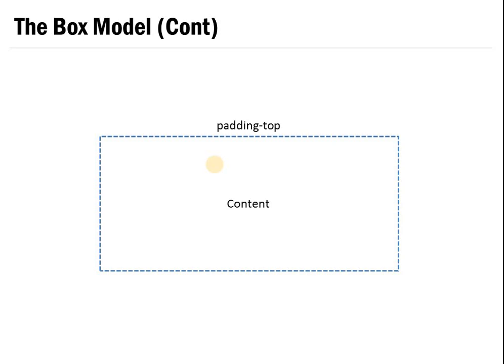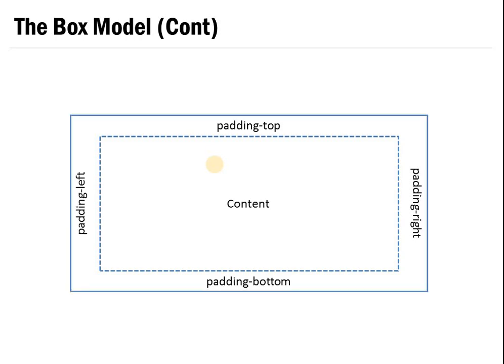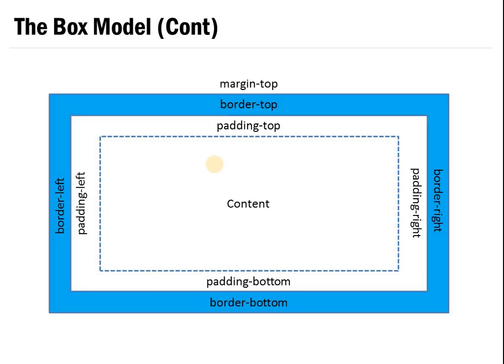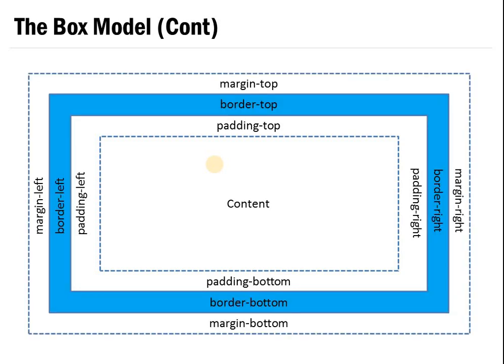You can also set padding, margin or border properties for the individual top, right, bottom or left side. For example, padding right, padding bottom, padding left. These are all for padding. After that border, and after that margin. So this is the box model.